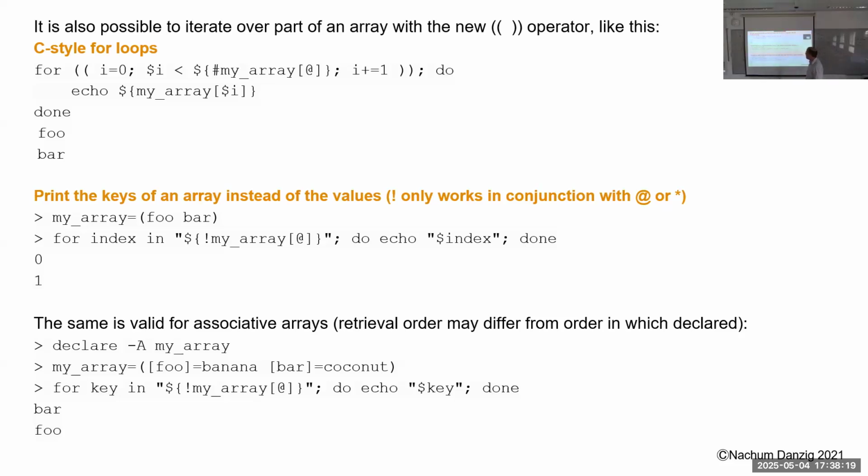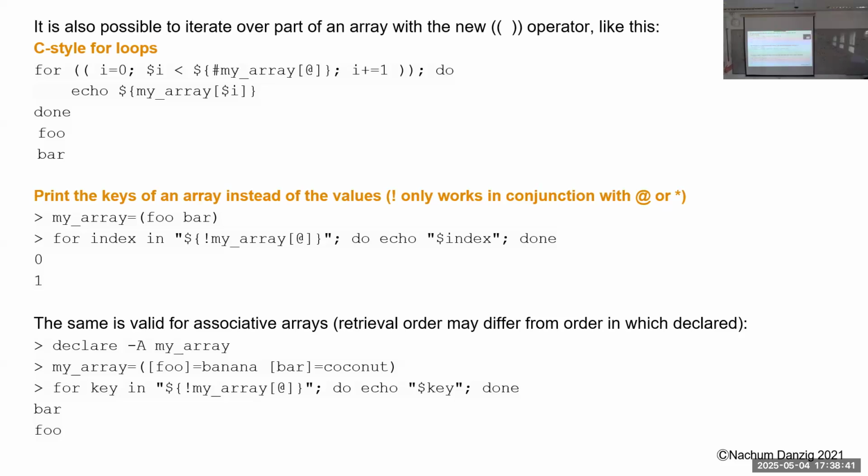Fine. The same is valid for an associative array where it's more useful. I don't really need to normally print the indexes of an array. But if the array has indexes that have values, like foo and bar, remember my other example was banana, green. Let's say what you call a map. I want to know both elements of the map. What maps to what?